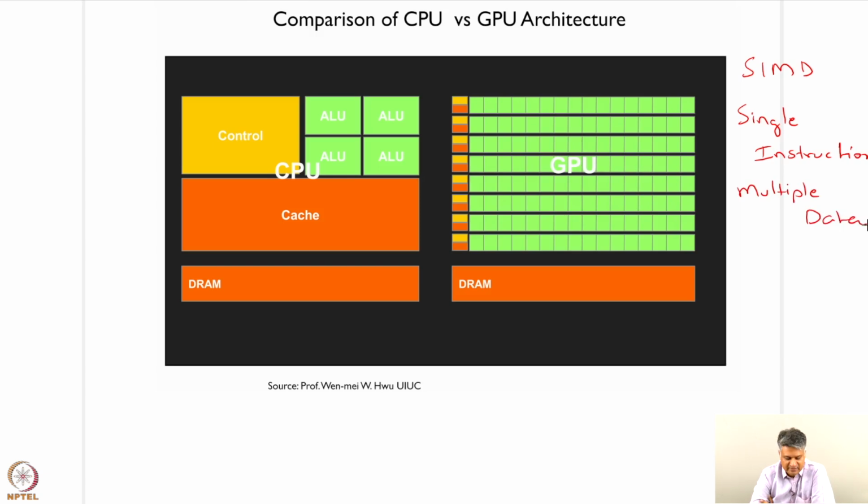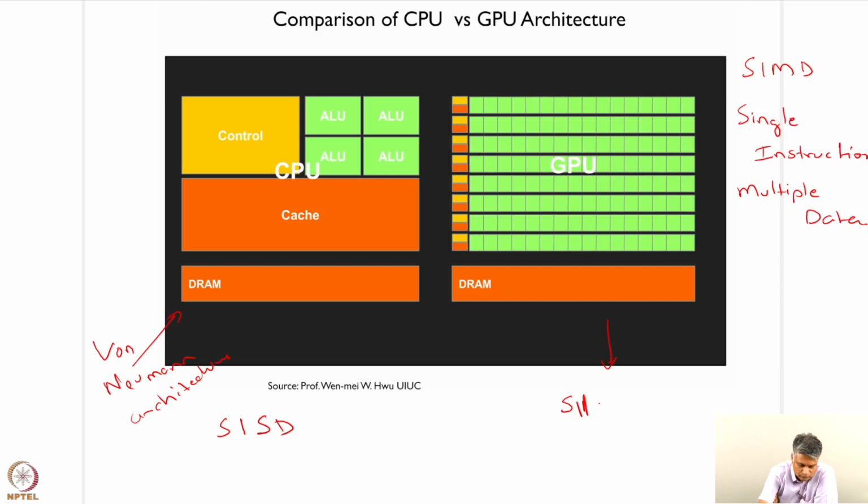So essentially what this means is that whereas this machine follows the von Neumann cycle architecture, where it takes a single instruction but works with single data, this architecture works on SIMD.